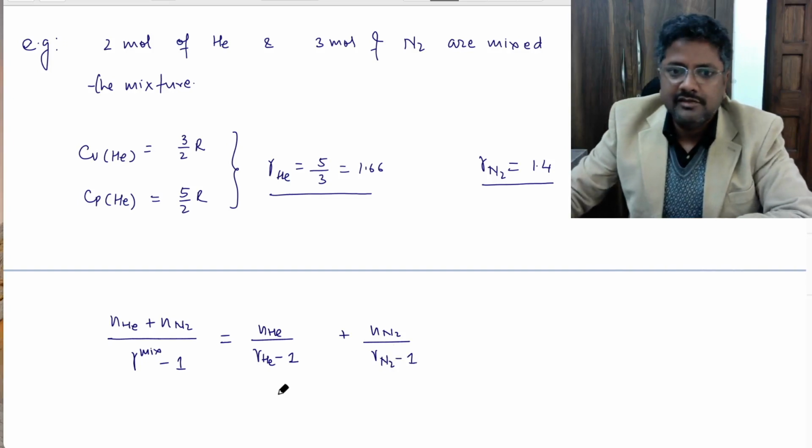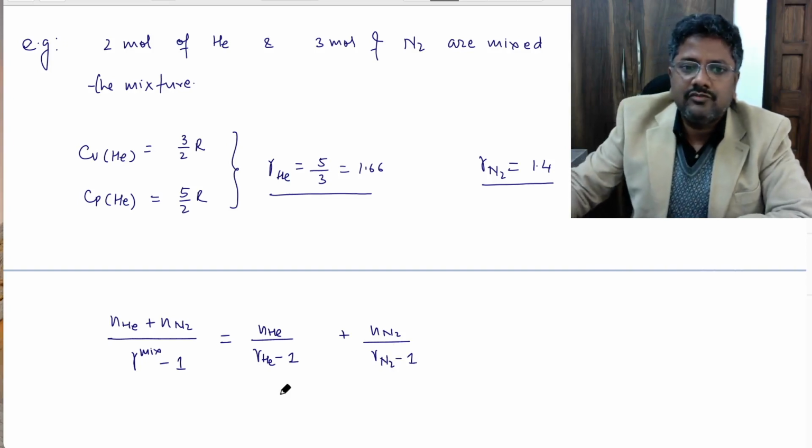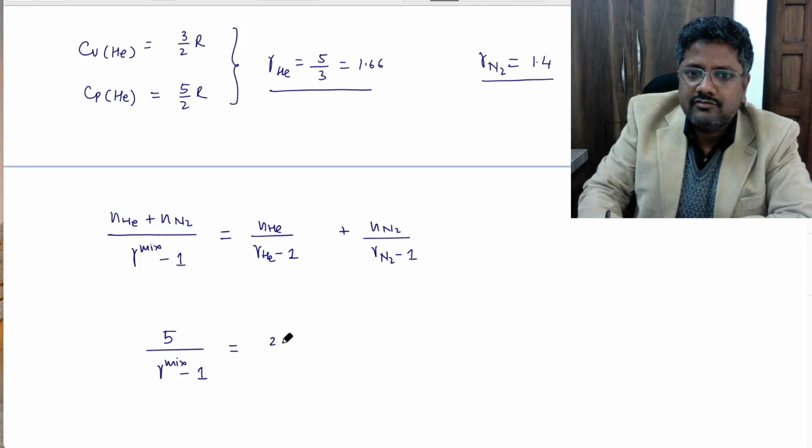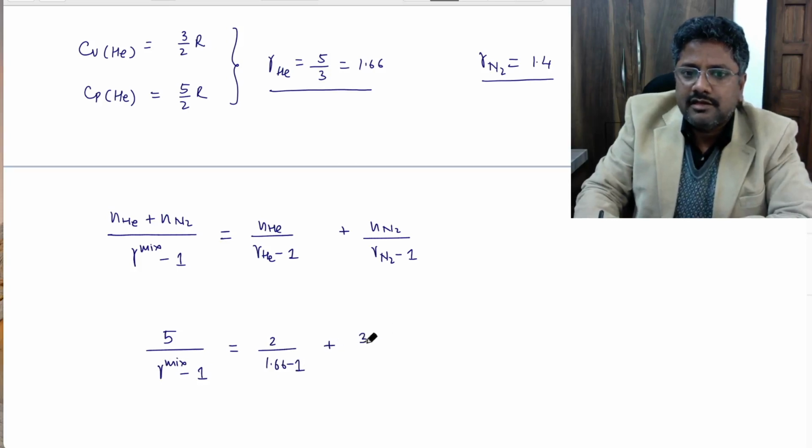So 3 and 2, total 5 moles. So 5 by gamma mixture minus 1 is equal to 2 by 1.66 minus 1 plus 3 by 1.4 minus 1.